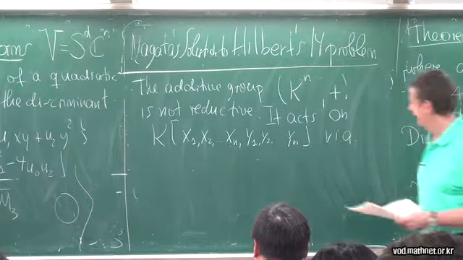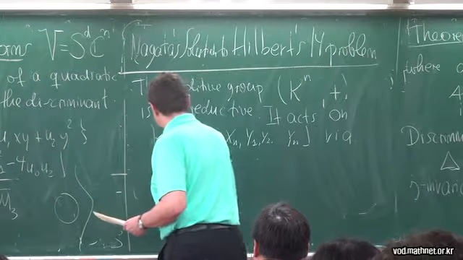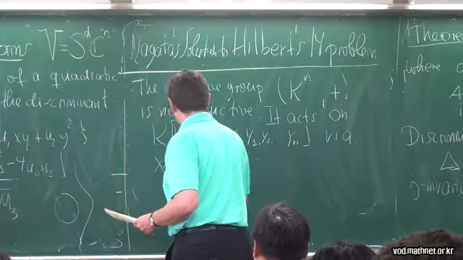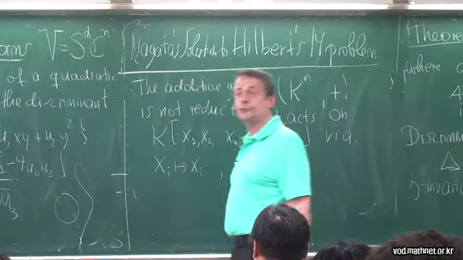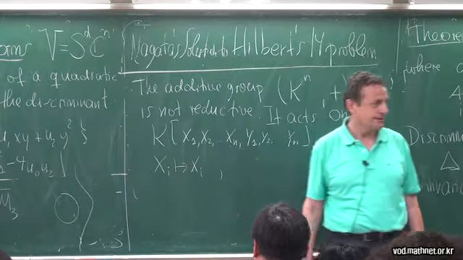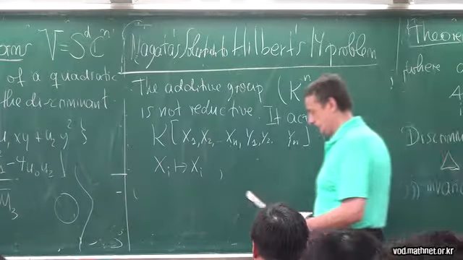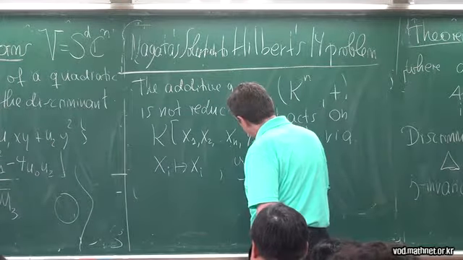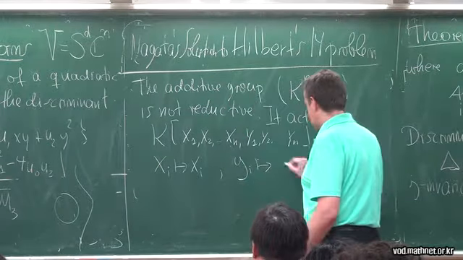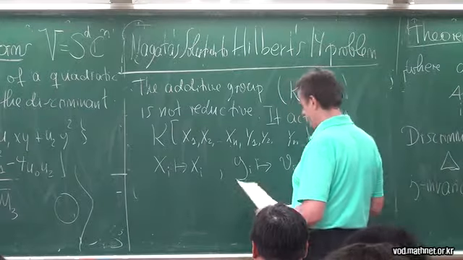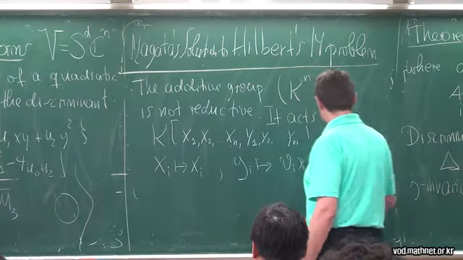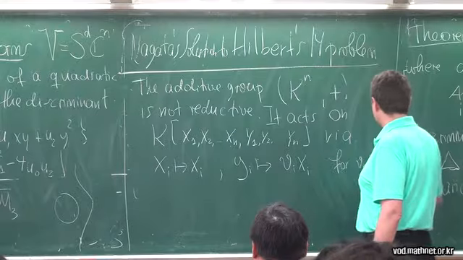via a rule that you can translate into matrices. Okay? And the rule is pretty simple. On the x part, you do nothing. xi gets mapped to xi. Pretty boring, okay? And then yi gets mapped to vi times xi for every element v in that group.